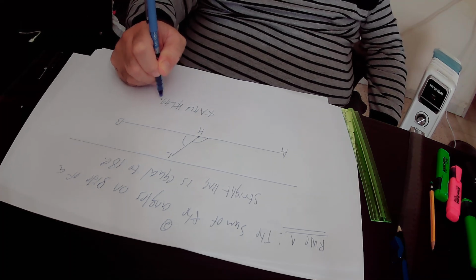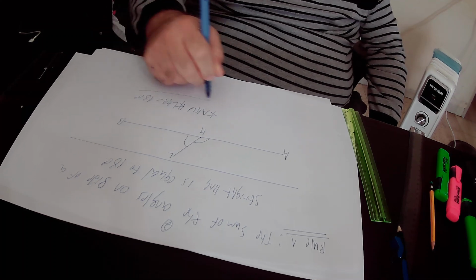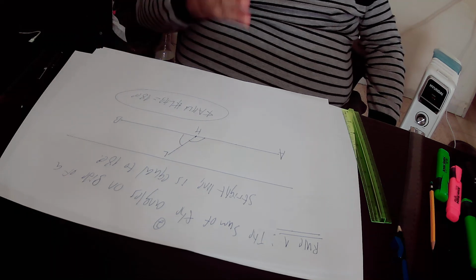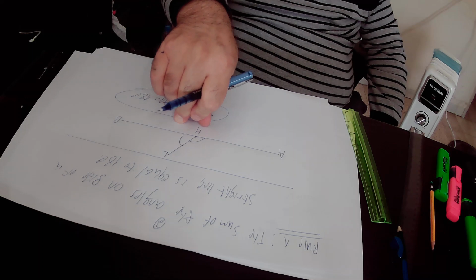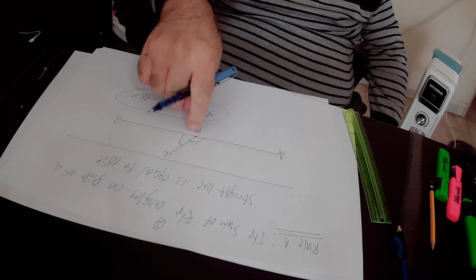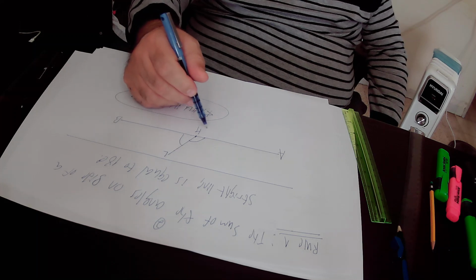In total the sum of those two angles must be equal to 180 degrees according to rule number 1. The same rule is true if we focus on the lower side of the straight line AB at point K. Here the sum of these angles must be equal to 180 degrees.